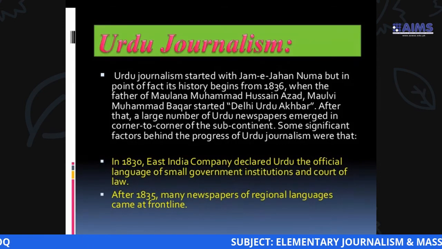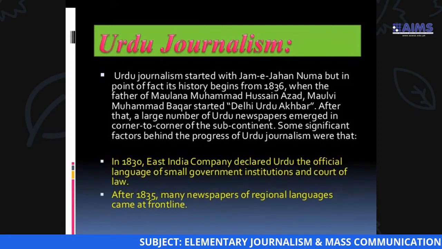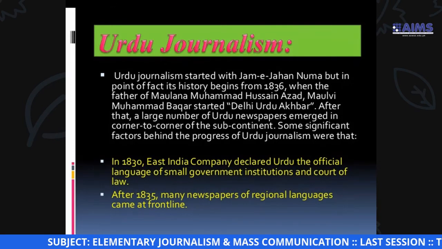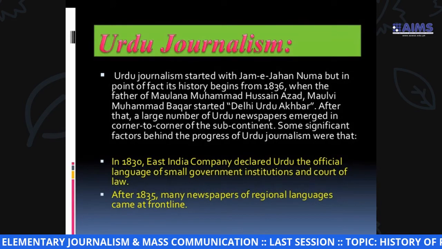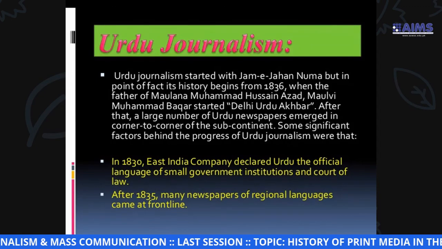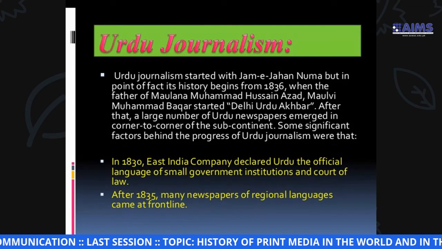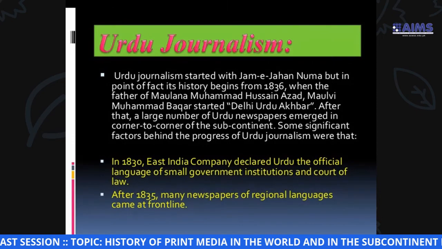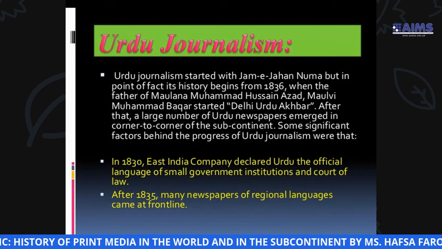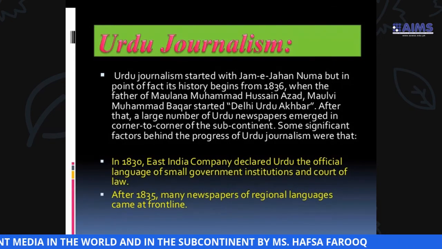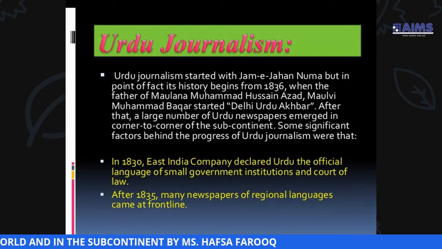Some significant factors behind the progress of Urdu journalism were that in 1830, East India Company declared Urdu the official language of small government institutions and court of law. After 1835, many newspapers of regional languages came at time.